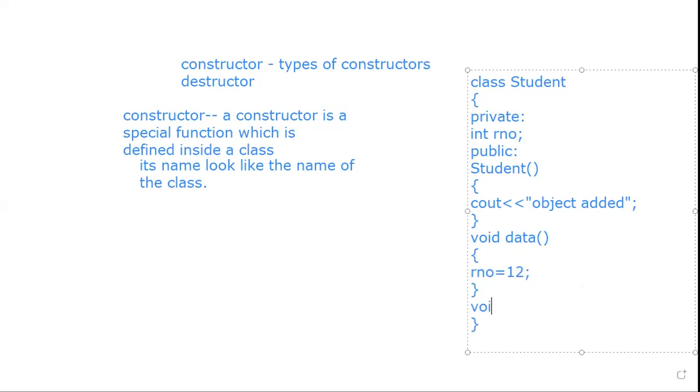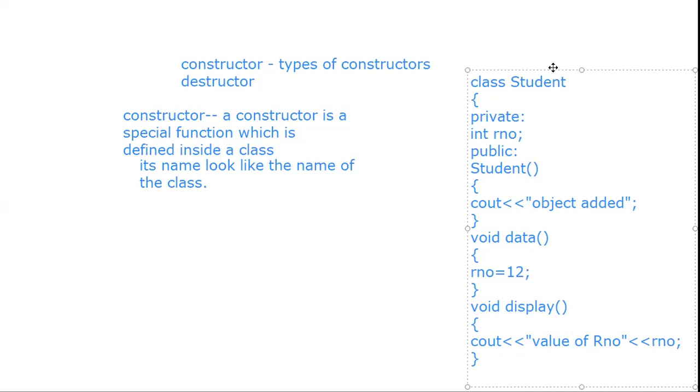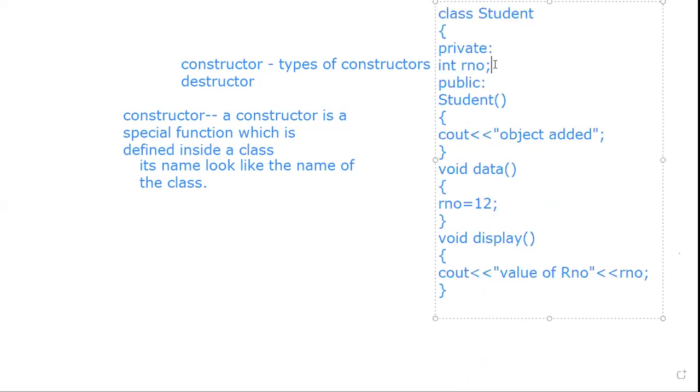And here I'm using one more function, display. When you call this function, I'm asking it to display the value of roll number. So when you see this, we can understand my class contains private member data and public members: one constructor, one function for giving the data, and another function for output of the data.